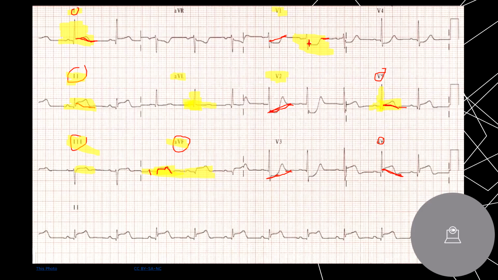In fact, they become almost 1. Okay, but it doesn't matter because this is your J point, this is baseline. See the line? So definite elevation there. So we have elevation in lateral and inferior. So this would be an inferior lateral. Okay.